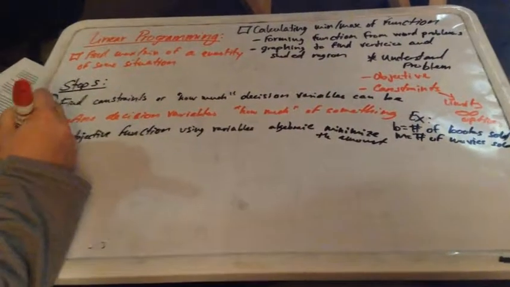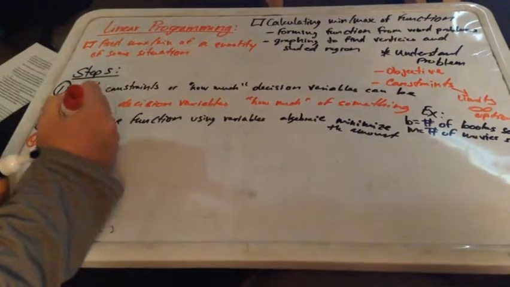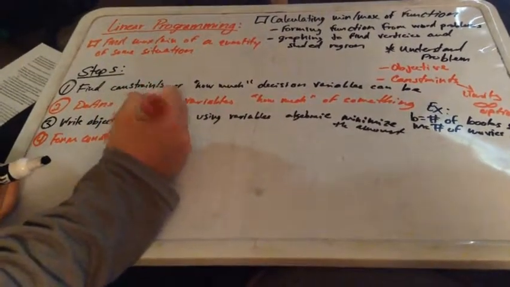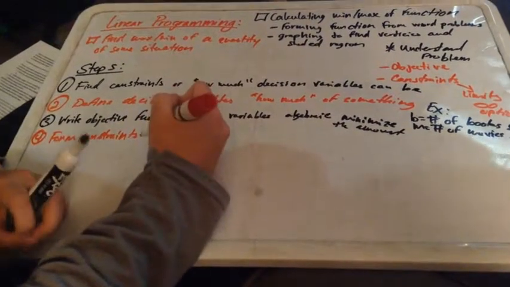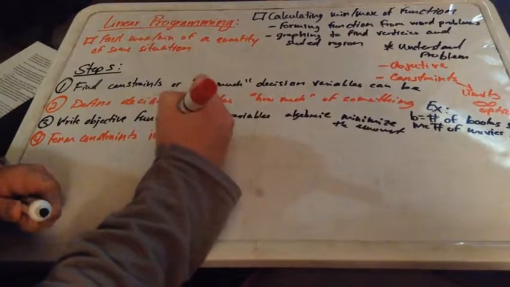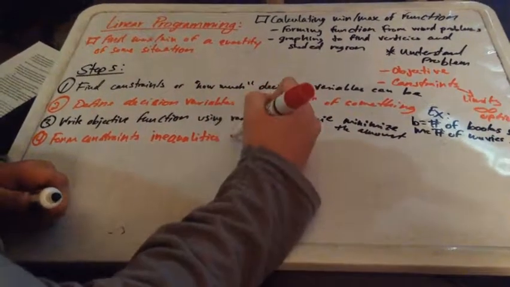So step 4 is to form the constraints using inequalities and the variables.